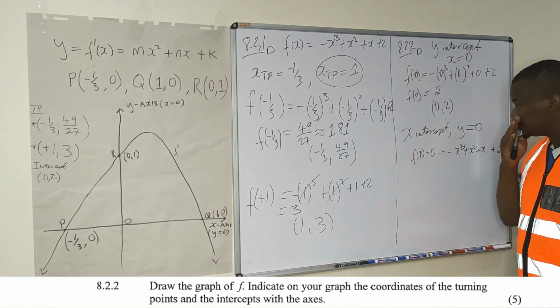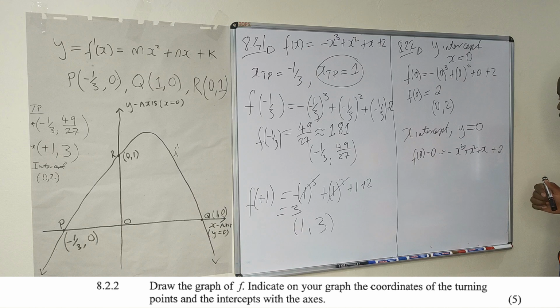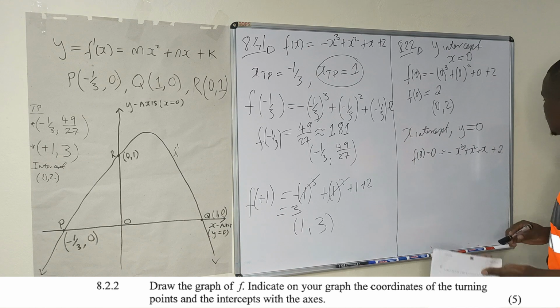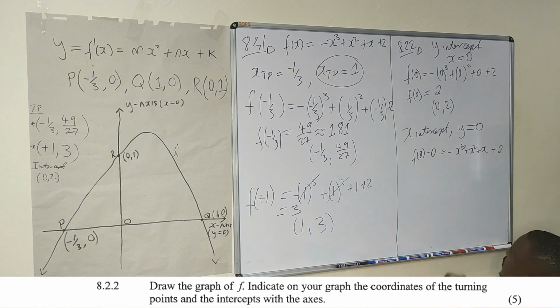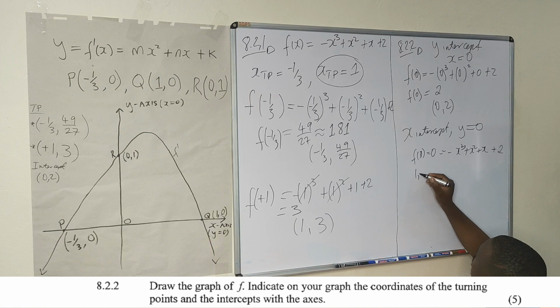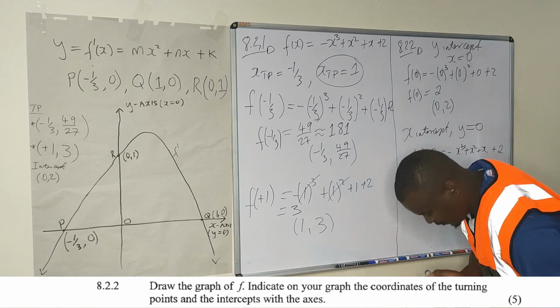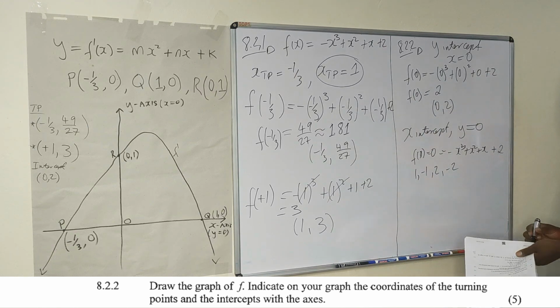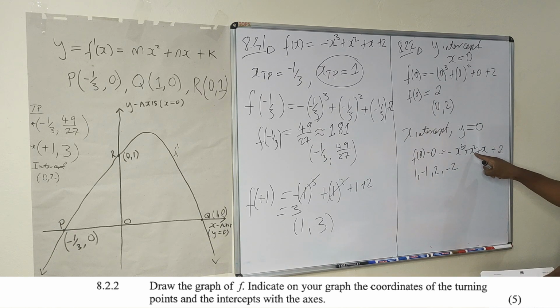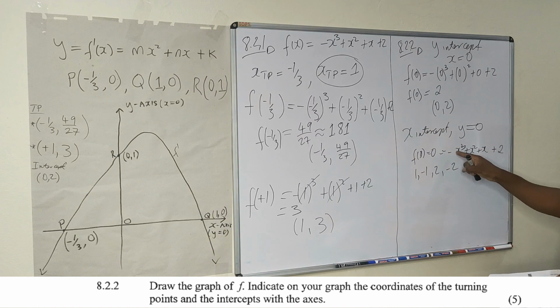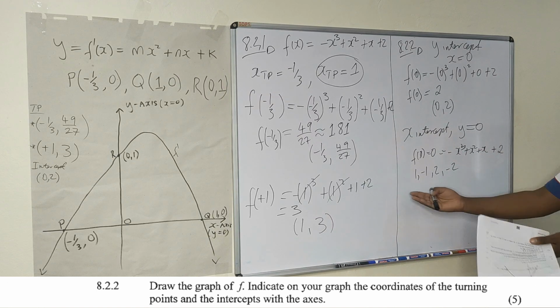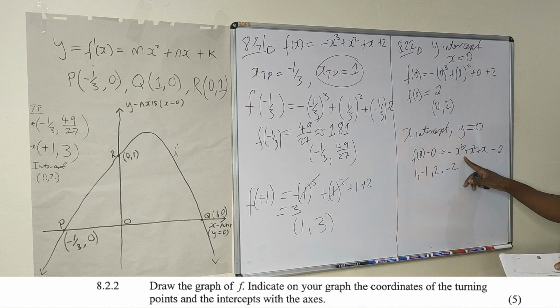I like long division. Okay, so to do this, you say, what are the factors of 2? The factors of 2 are 1 and minus 1, 2 and minus 2. So these are the factors of 2. What you do is substitute them into your equation to see which one of these factors will give you 0.